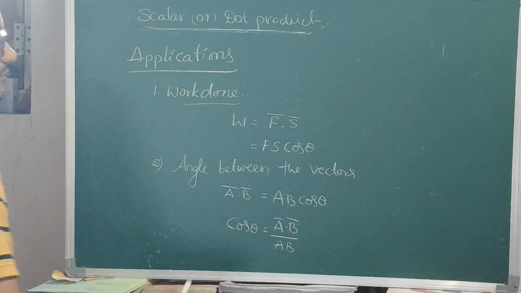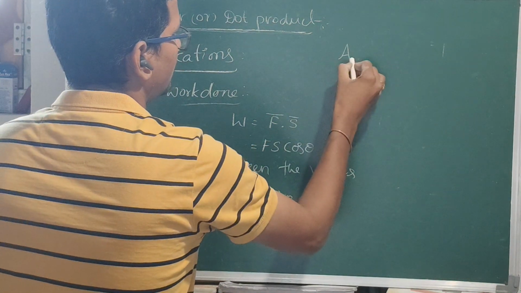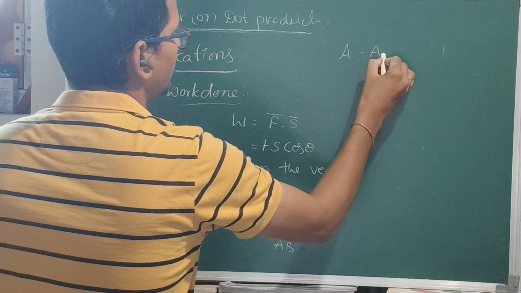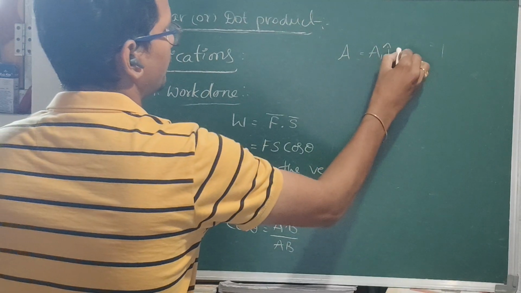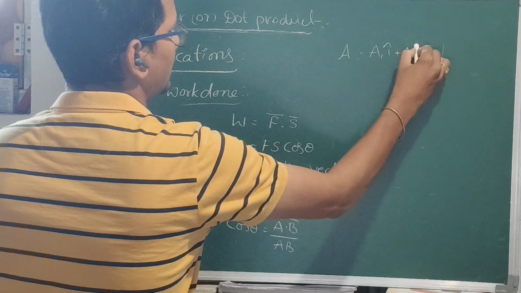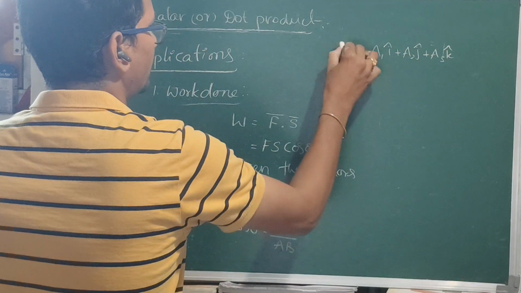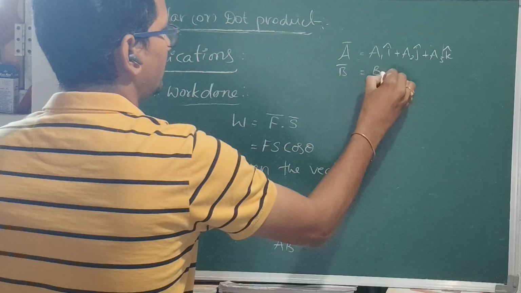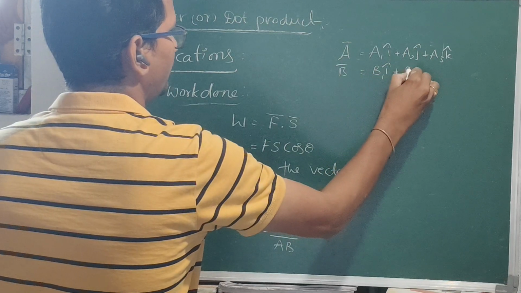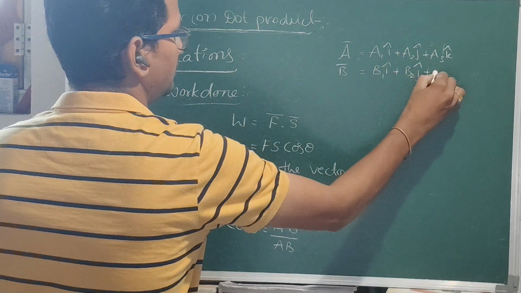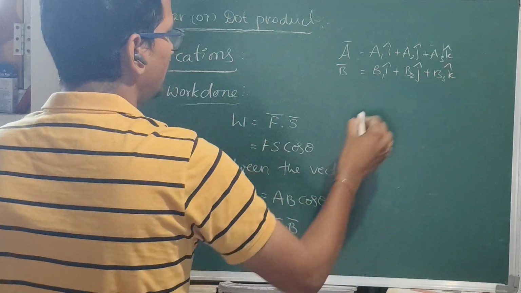For example, A bar is equal to A1 i cap plus A2 j cap plus A3 k cap, and B bar is equal to B1 i cap plus B2 j cap plus B3 k cap. What do we get from the dot product?